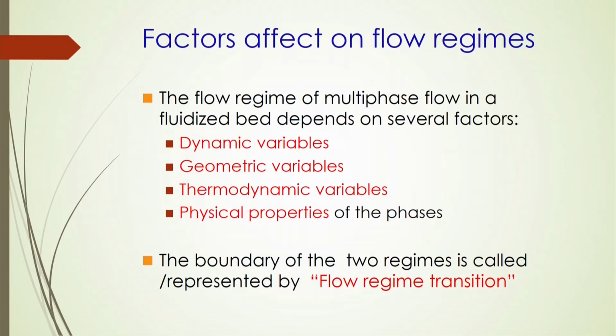What are the factors that affect this flow regime? The flow regime of multiphase flow in a fluidized bed depends on several factors, like dynamic variables. What are the dynamic variables? Like the flow rates of gas and liquid in the fluidized bed. Even if any other phase like solid is continuously flowing into the bed, then the solid velocity also will be one dynamic variable here.